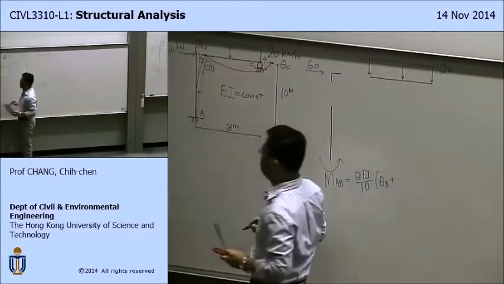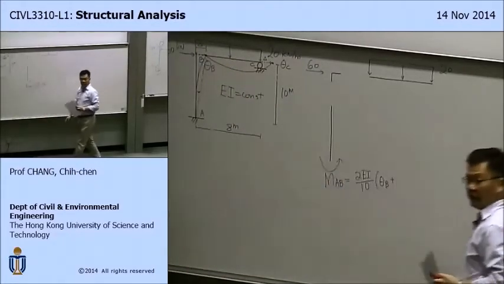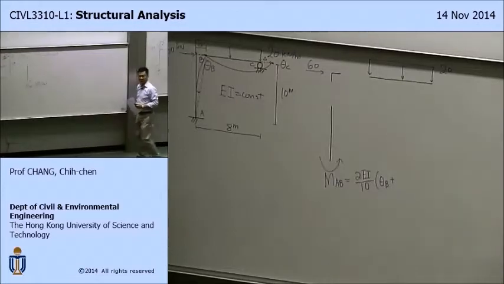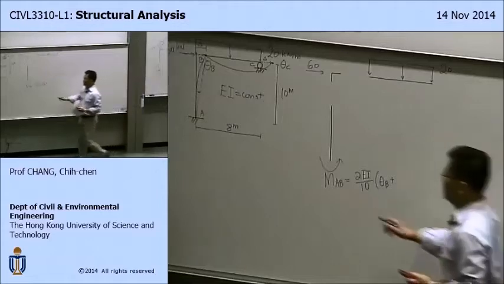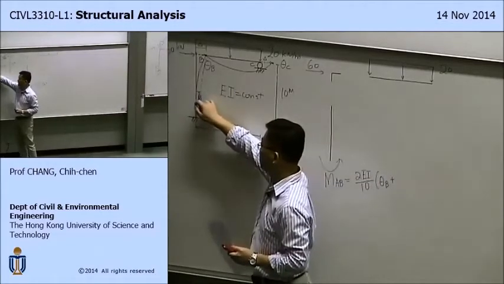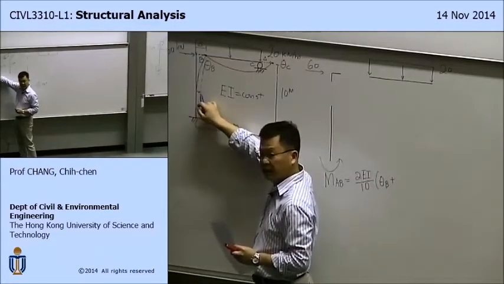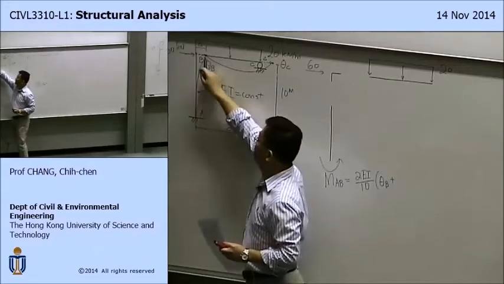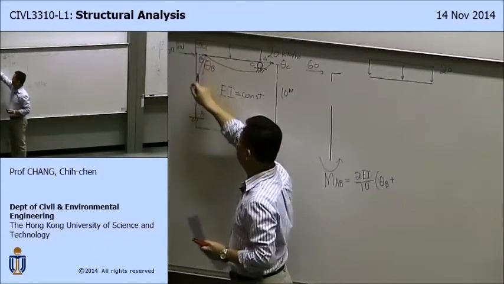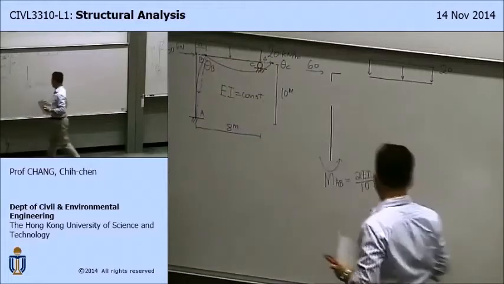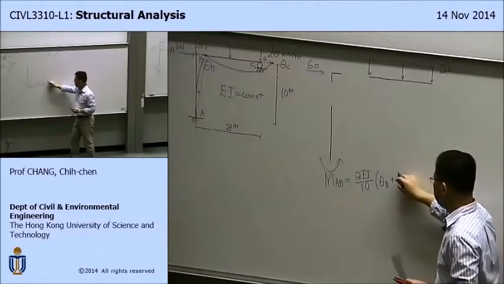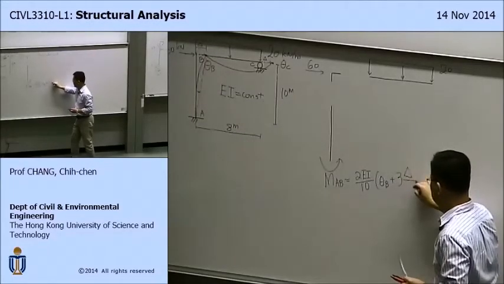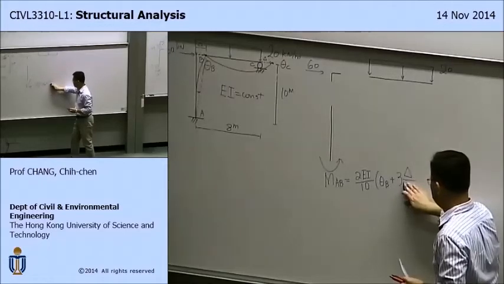This is called the rigid body rotation angle. And again, it's positive if it's counterclockwise, negative if clockwise. So this apparently is clockwise, so it's a negative rigid body rotation. The rigid body rotation is delta divided by the length, so it should be delta divided by the length of 10, and we have 3 times that.